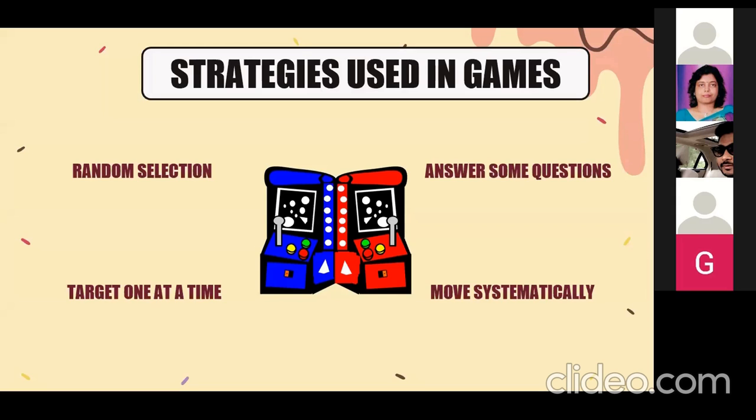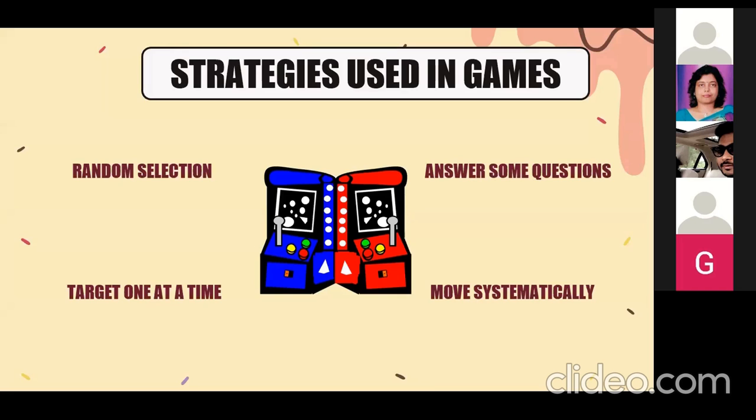I can move systematically. I can go stepwise. So if I go stepwise, it will be much easier and much more beneficial to me. I can try and logically arrange my ideas. I can systematically move stepwise, and this strategy can be used in that particular situation.